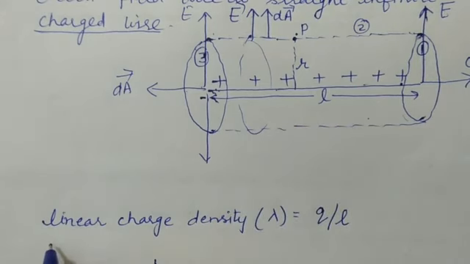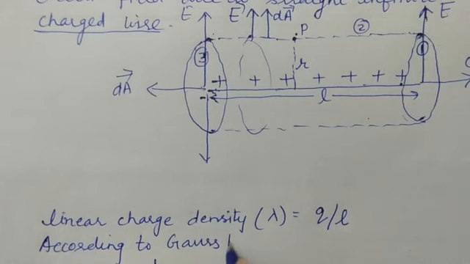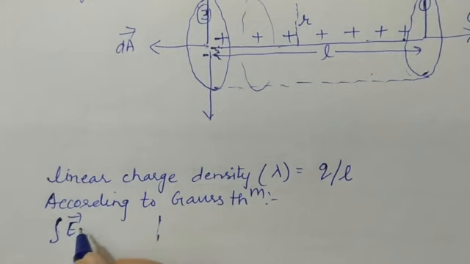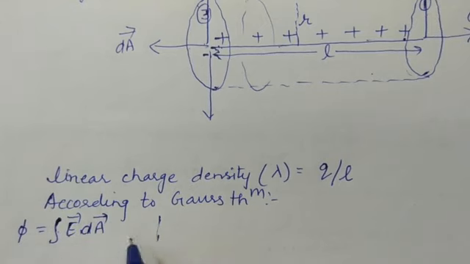Now what will I do? I'll find electric flux. We'll apply Gauss theorem for that. Gauss theorem says that the integral of E dot dA, that is equal to phi.